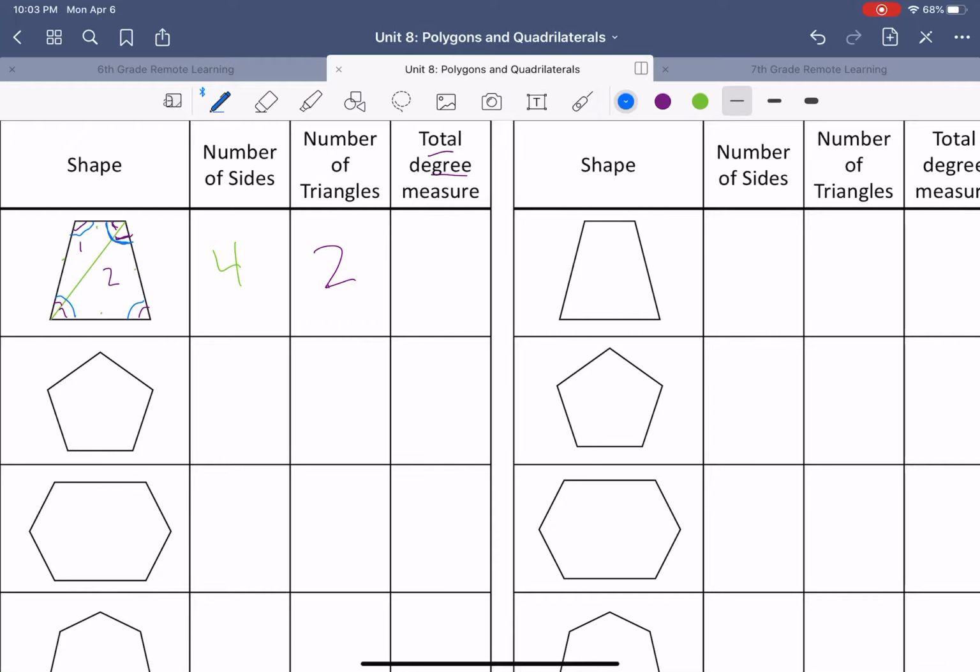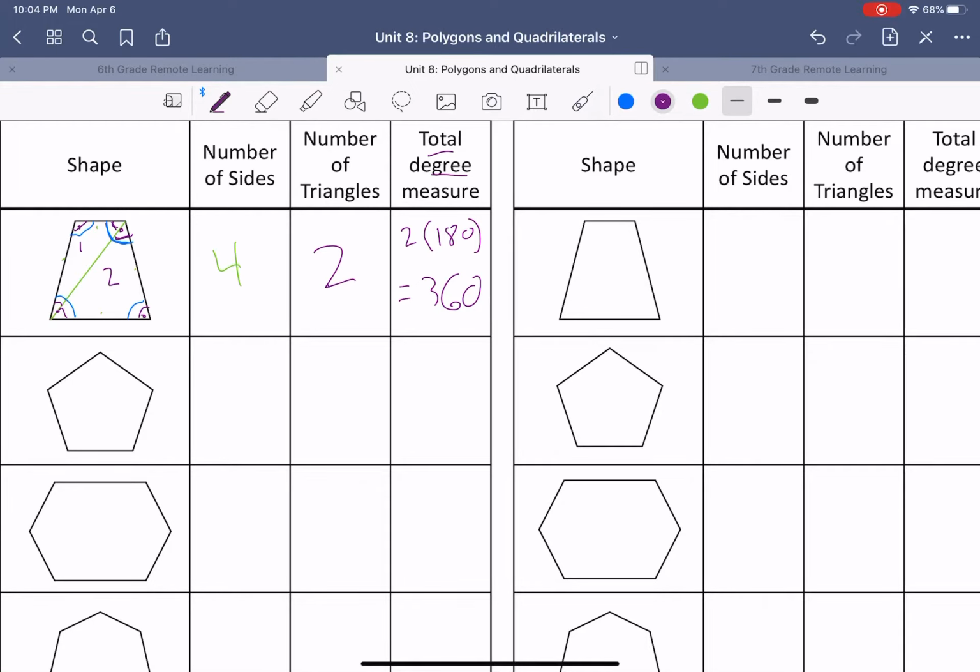So the angles of the 2 triangles all together are going to be 2 times 180, which is going to be 360. And that is the total degree measure of the angles of my entire quadrilateral because they all add together.